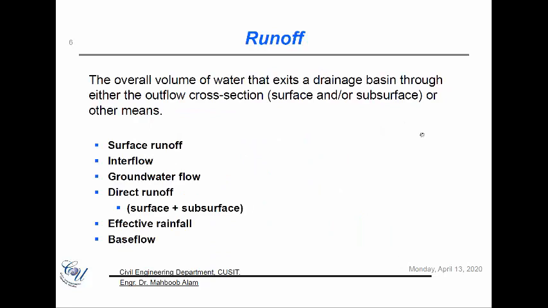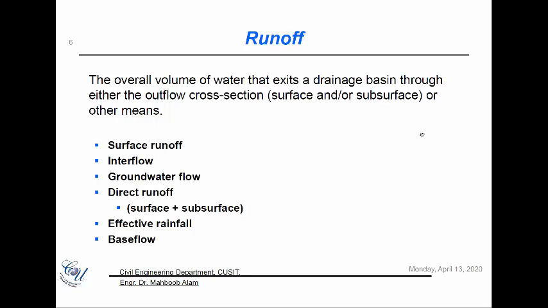Streamflow runoff is basically the overall volume of water that exits a certain drainage basin through a particular point, which is considered as the outlet point of that catchment or watershed or a drainage basin. Again, three different names, but they are used interchangeably: the watershed, the drainage basin, and the catchment.